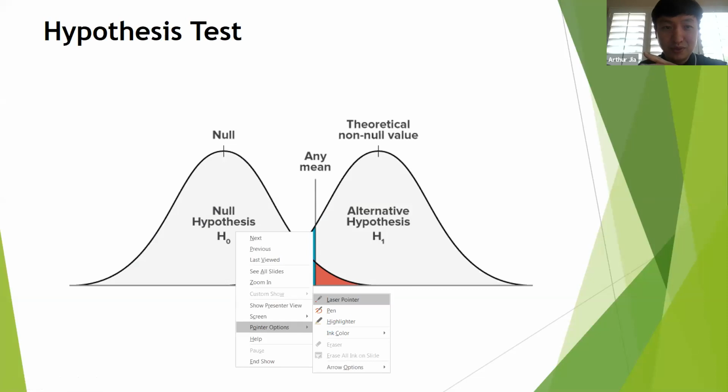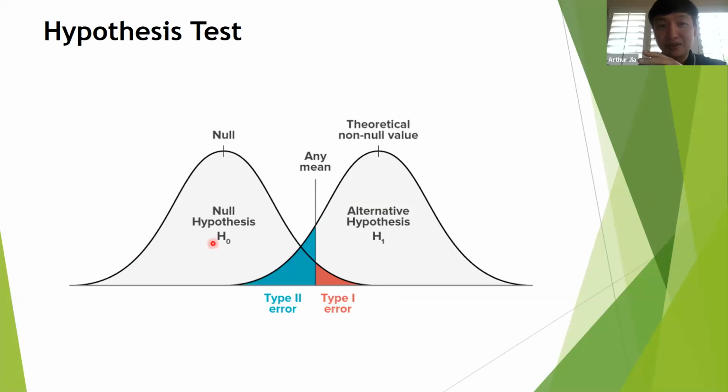If we are within this region, which means our size fits this dress very well, we're going to accept the null hypothesis. If you go beyond this region, which means this dress is too tight and no longer fits, we're going to reject the null hypothesis and take the alternative one.